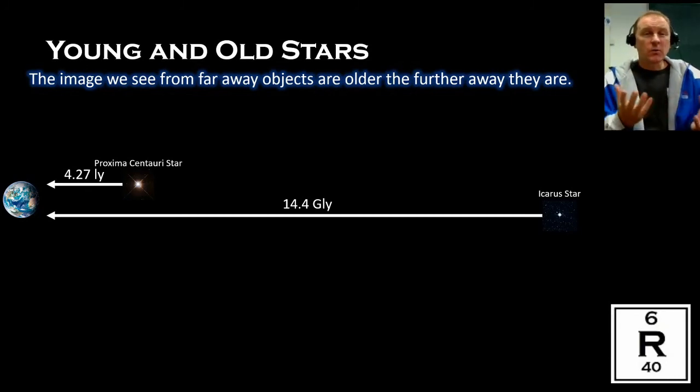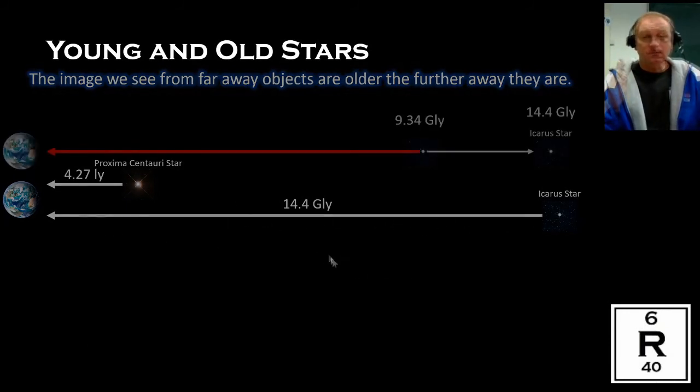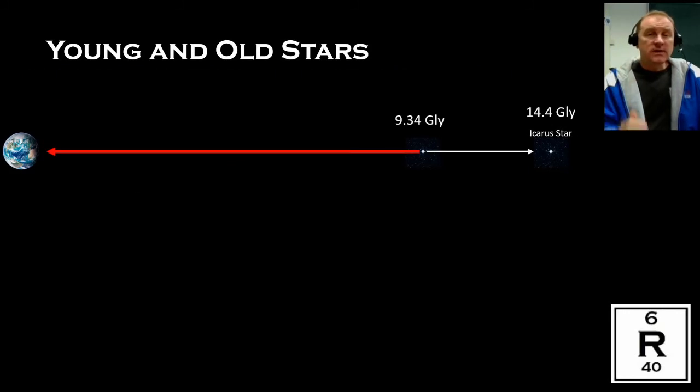But for us, we keep seeing the image because that image took 14.4 gigalight years to get to us. The universe is 13.77 billion years old, give or take 40 million years.